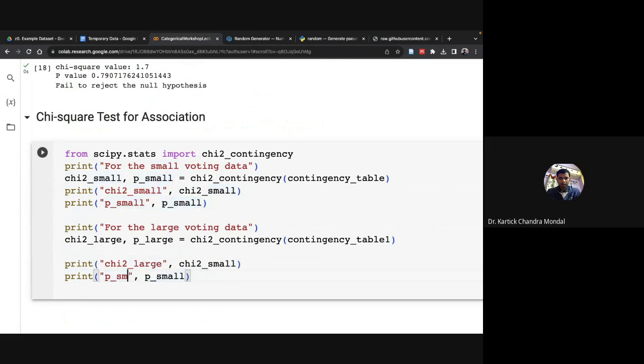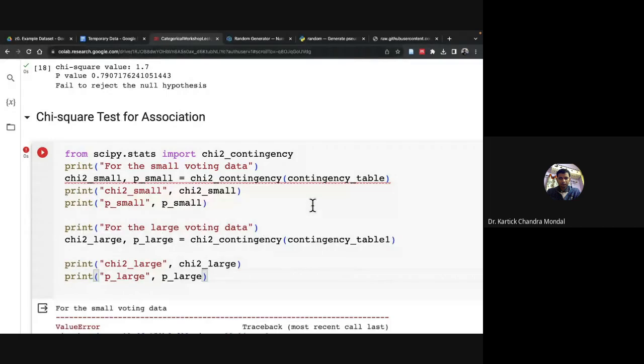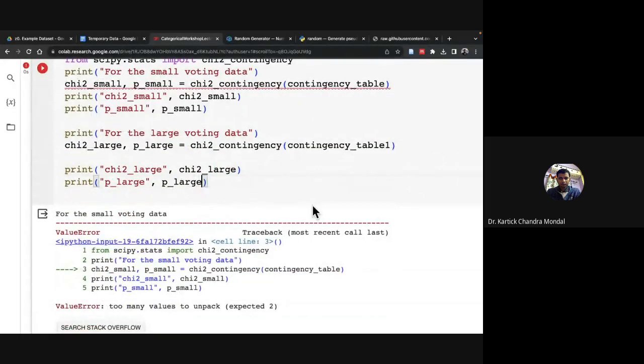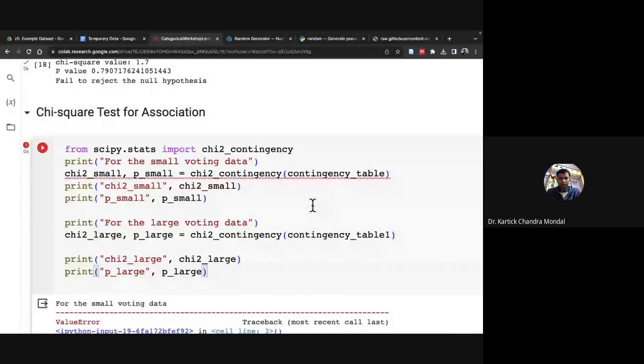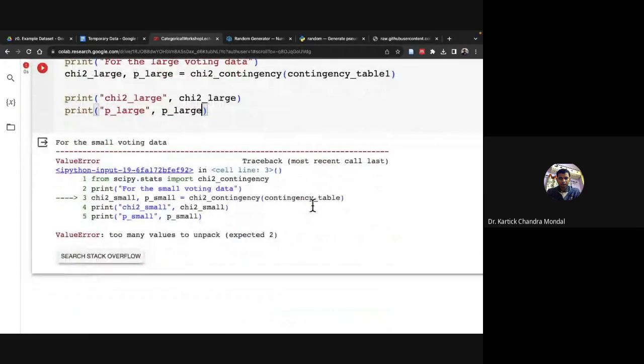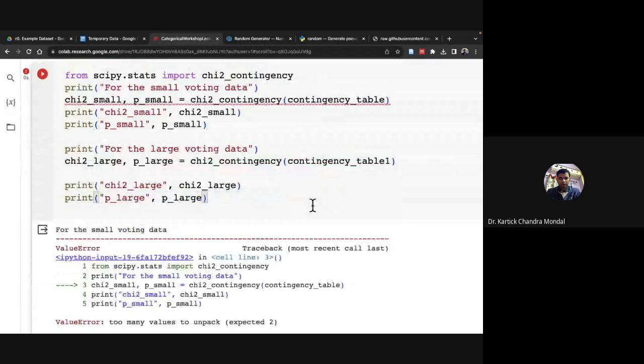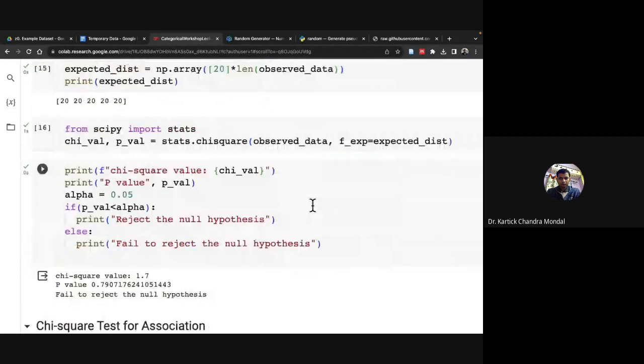This is for large. Too many values to unpack. So maybe I have changed the contingency value somewhere.